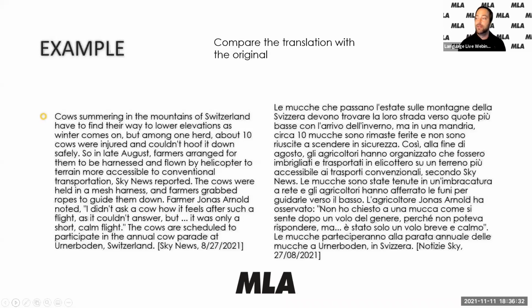Here's a quick example of what I mean. I am not good enough at Italian to notice the mistakes here, but I gather it's pretty accurate. I believe there are a few mistakes there, but in general, what we've done is really sort of simplified it. You can see, for example, how we can use "summering" as a verb, and then in the third line in the English, we have "hoof it down."